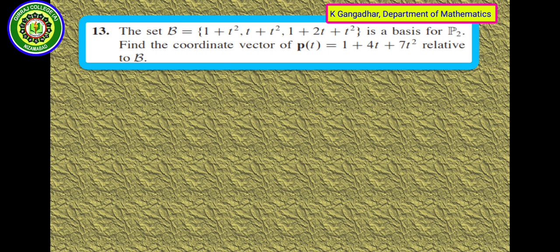Coordinate vector means, given a vector, we write it as a linear combination of the elements of the basis.